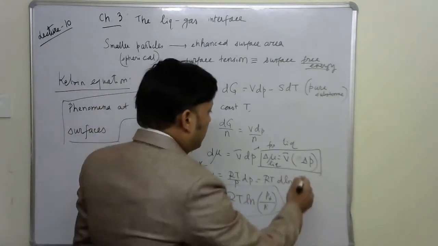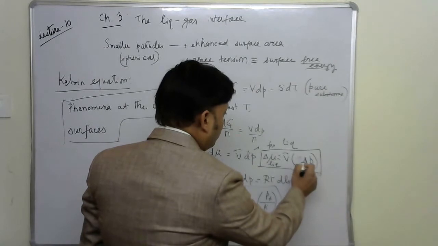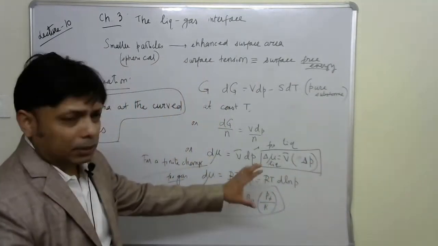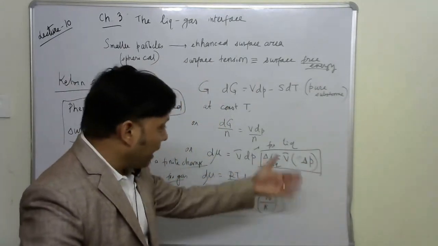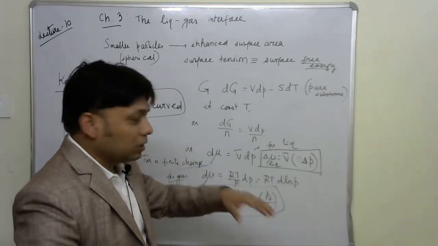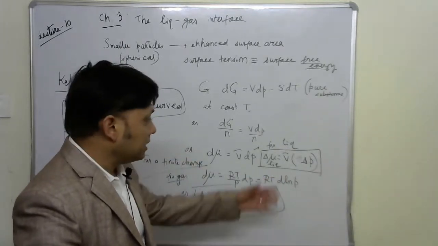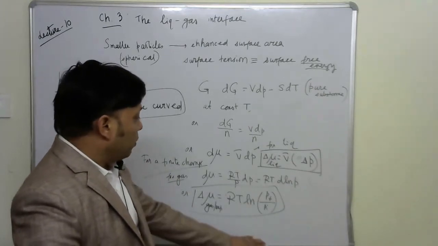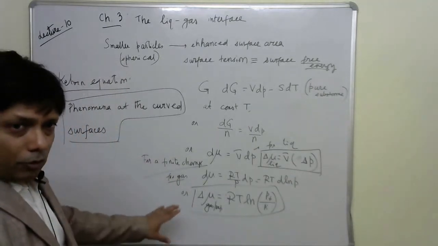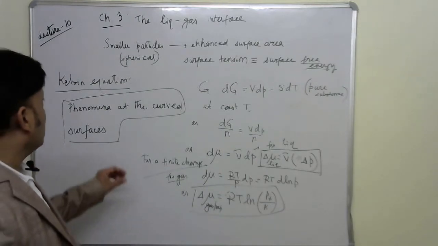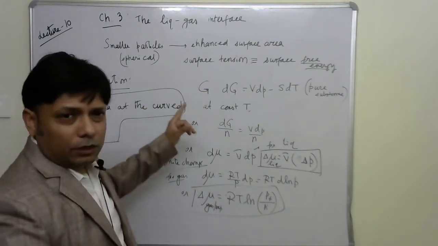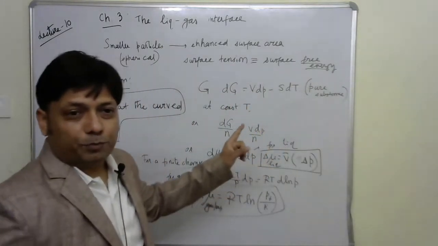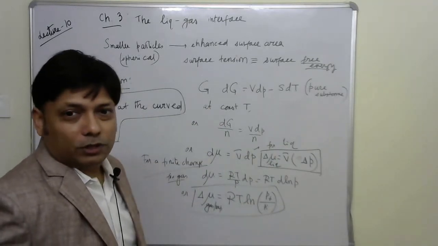We will take a look at what delta P is. Delta P would depend on the situation, or the system that we are defining. Anyway, with this much knowledge, we can now proceed to deduce the Kelvin equation. Let me clean the board and start deducing the Kelvin equation.